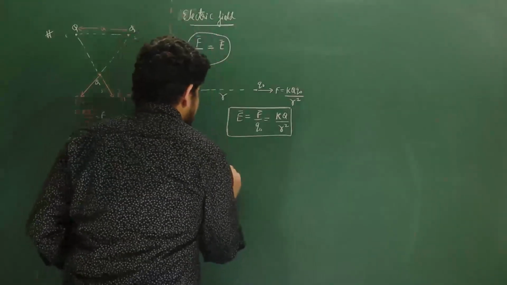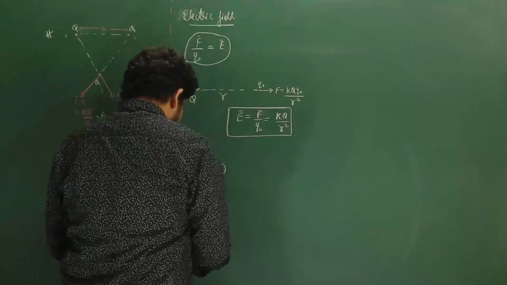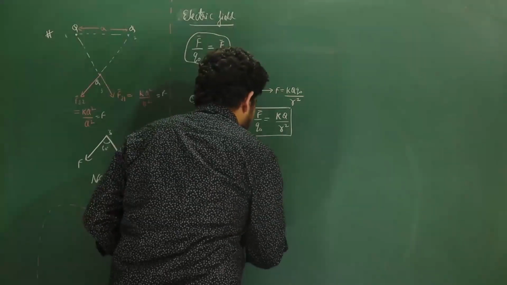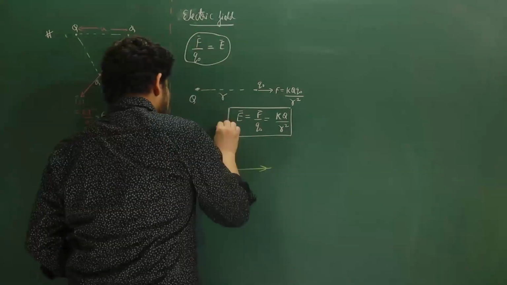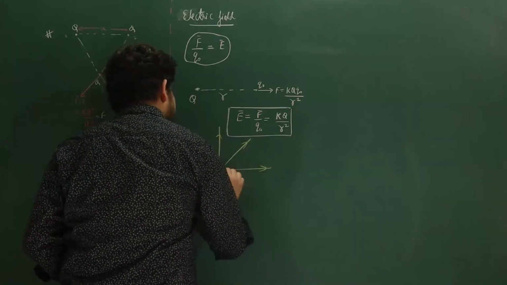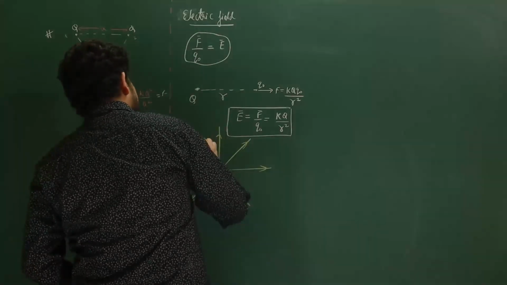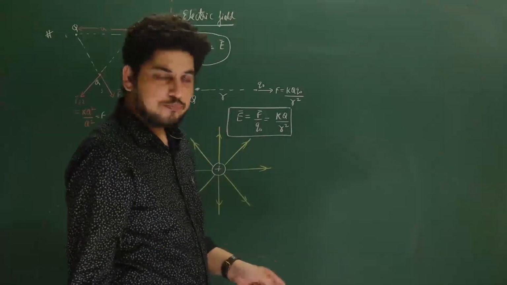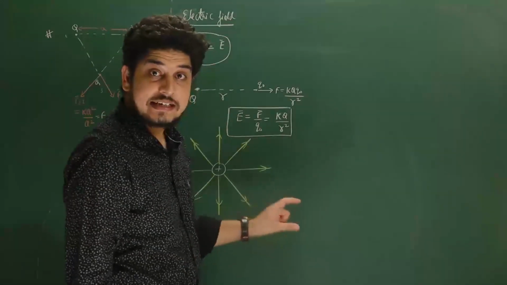Now we can check that for a positive charge, the electric field goes outward. We are representing the electric field in lines here. These lines are also known as electric field lines.